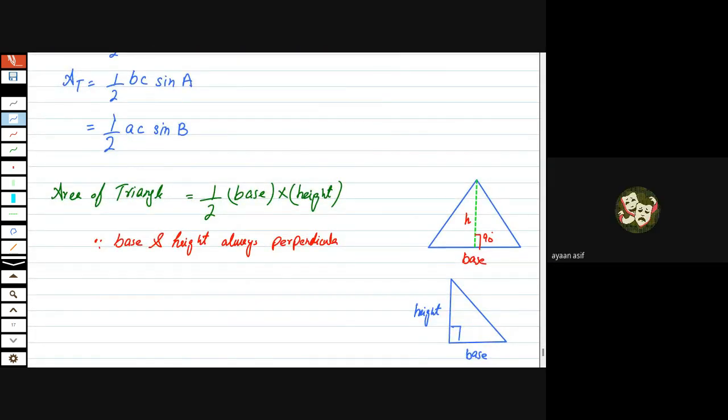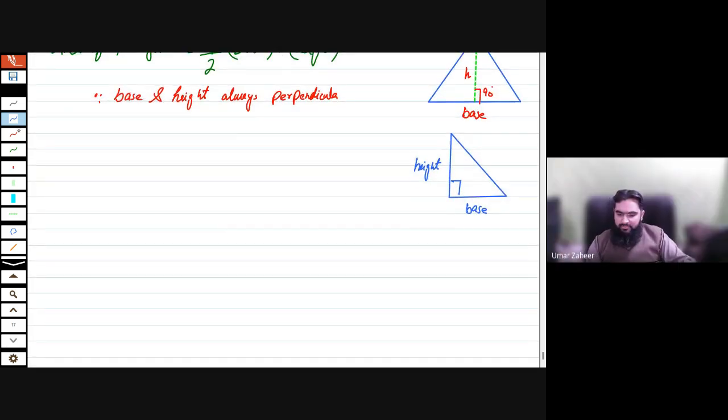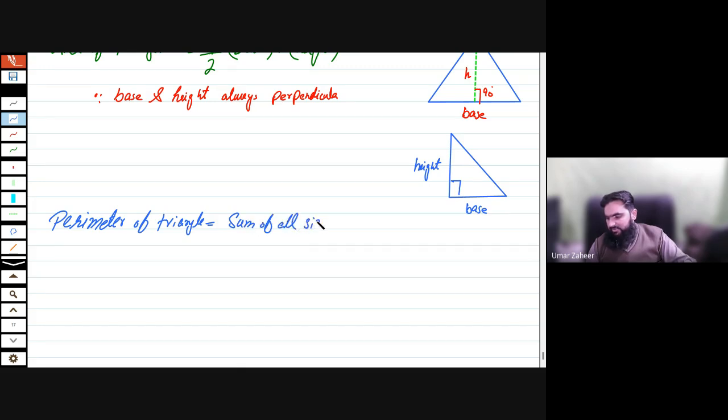Yes, sir. Yes. Okay, obviously I did not mention it there. We have one more thing, that is the perimeter of a triangle. Perimeter of a triangle is simply the sum of all sides.